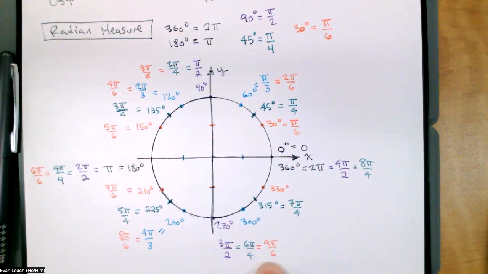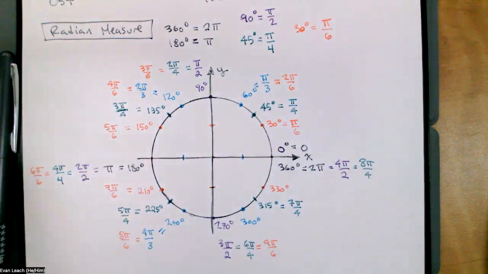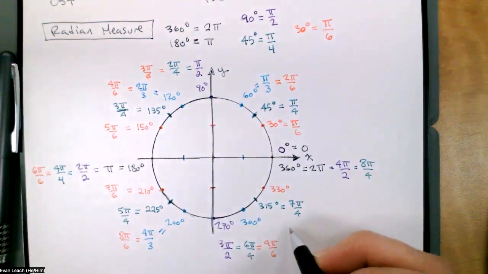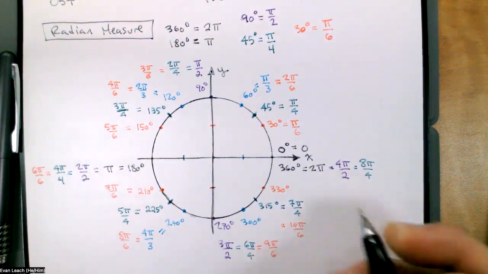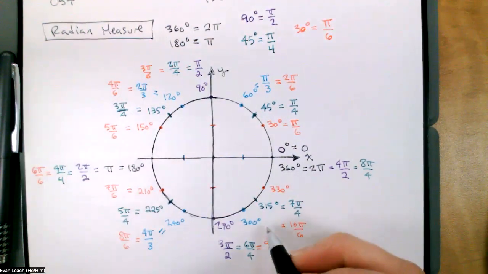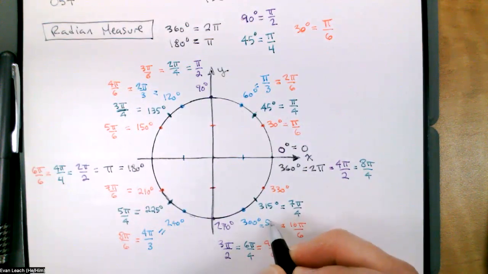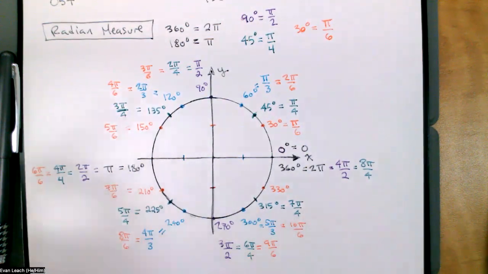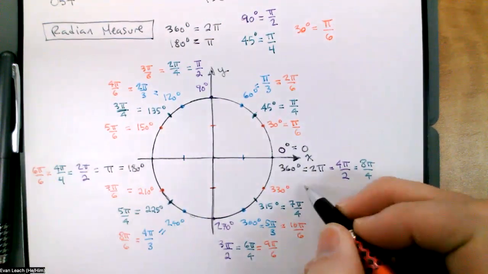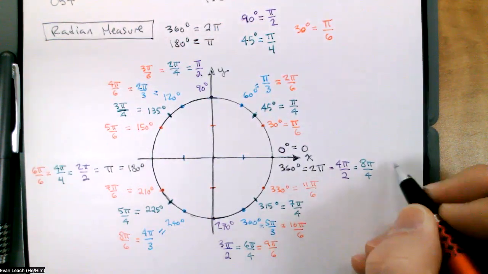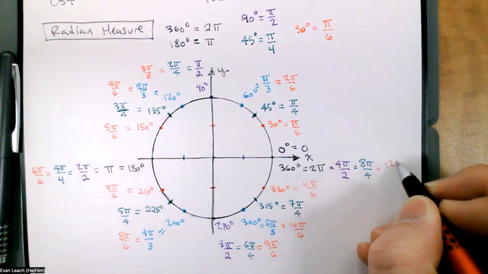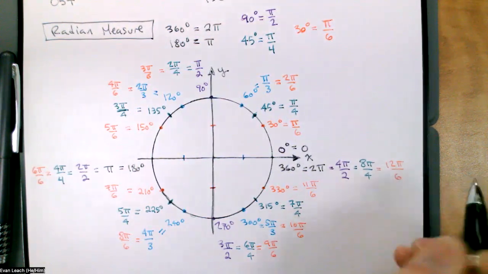So the next up is going to be the 300. That's going to be 10 pi over 6. But that's not the common name for 300 degrees. We can simplify that to 5 pi over 3. The next one is going to be 330 at 11 pi over 6. And then finally 12 pi over 6 back at the start.